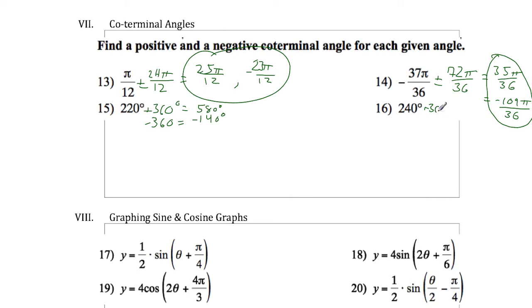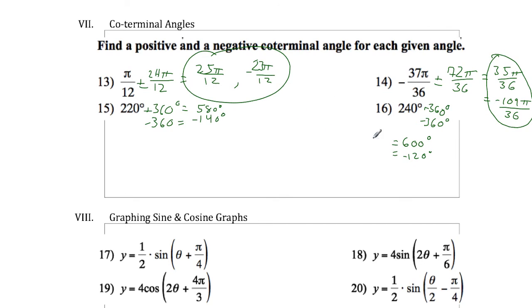Same deal over here. We want to add 360 and subtract 360. If we have 240 and we add 360, that gives us an even 600 degrees. And if we subtract, we're going to get negative 120 degrees.